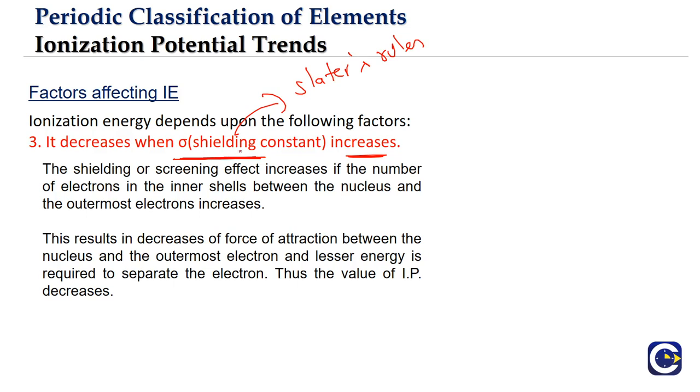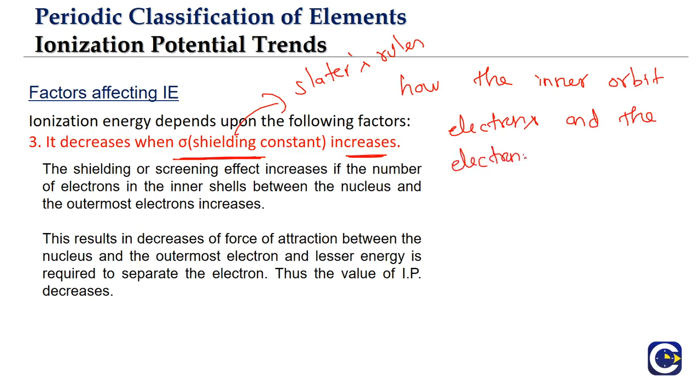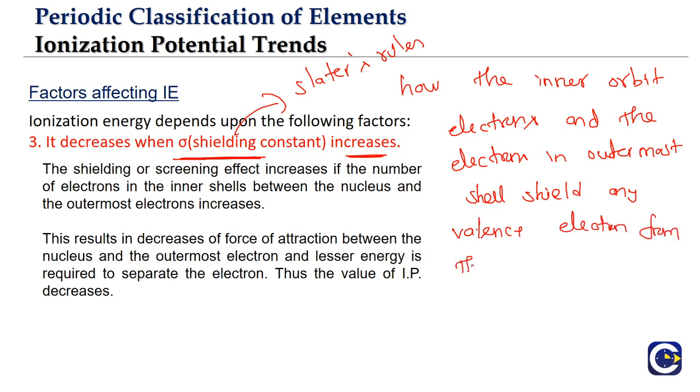The shielding constant sigma basically represents how the inner orbit electrons and the electrons in the outermost shell, also the remaining electrons, shield any valence electron from the influence of the nucleus.